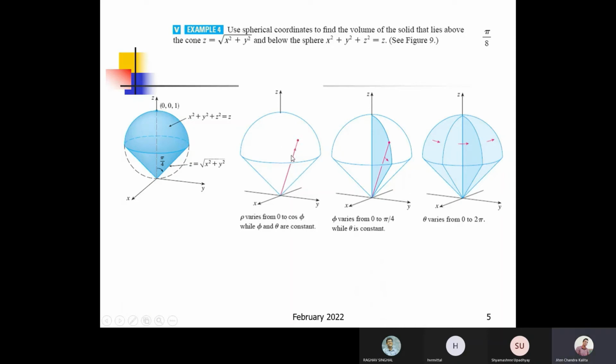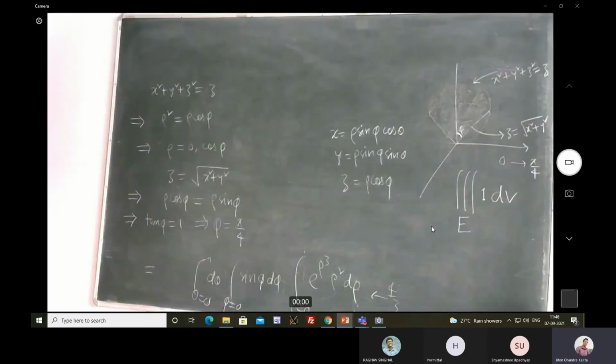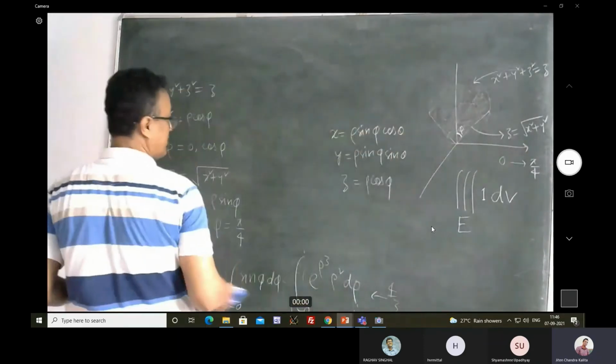Rho designates the radius of the sphere. If you consider a point to be lying on the surface of the sphere, then phi varies from 0 to pi by 4, and theta varies from 0 to 2 pi. Okay, fine. So now I'll just simply show you the way how to integrate it. That's it, because we have got everything.